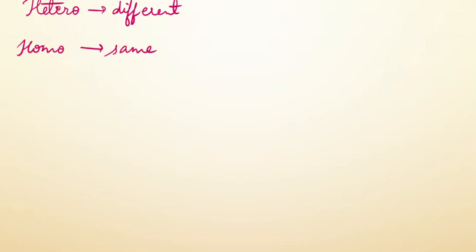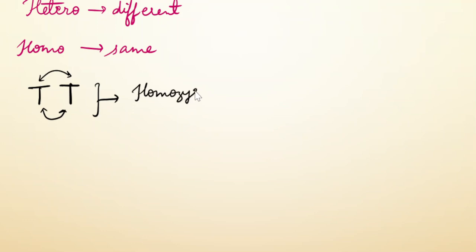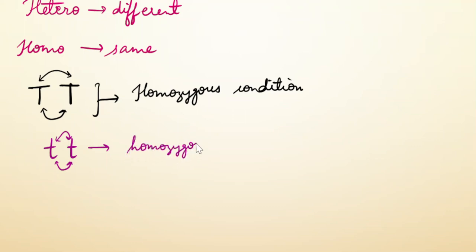If there is a presence of capital T, capital T, two alleles are similar, or we can say there is a presence of two same alleles. In such a condition we say it is a homozygous condition. If there is a presence of small t, small t, where both alleles are the same, that is dwarf alleles, then we again say homozygous condition.